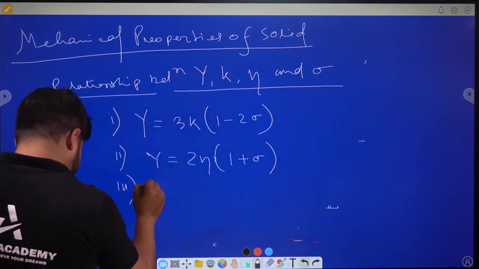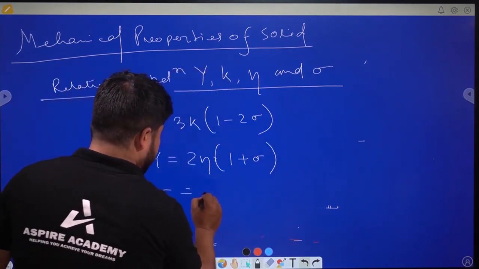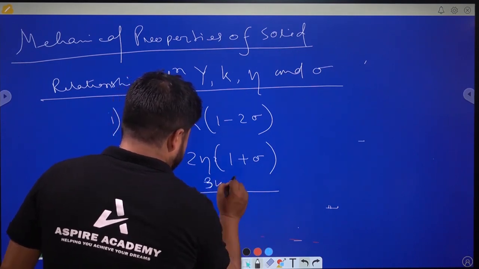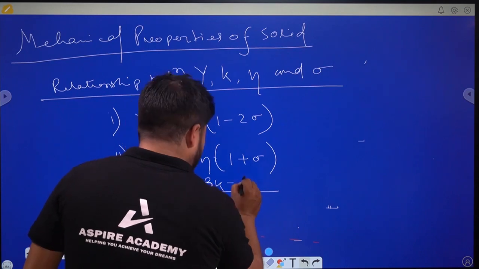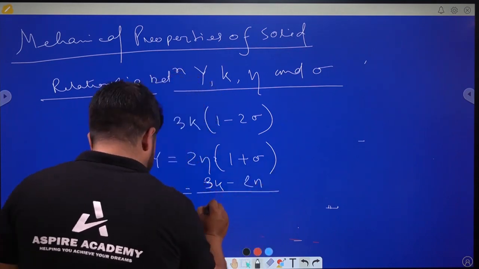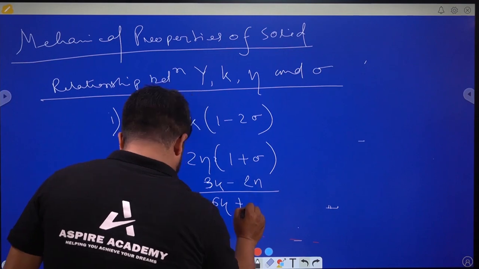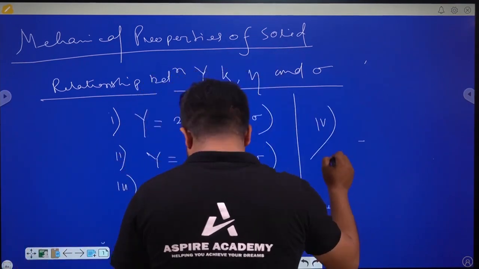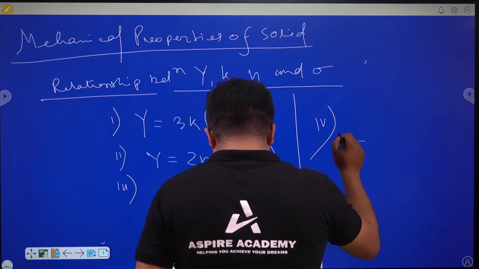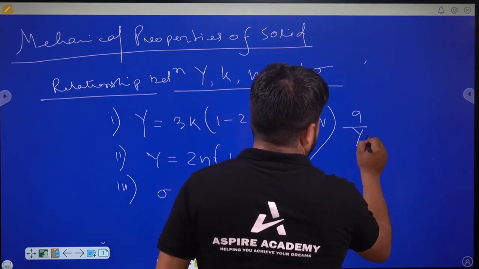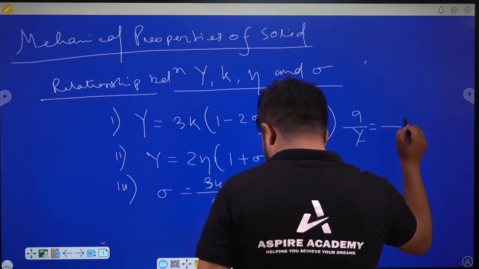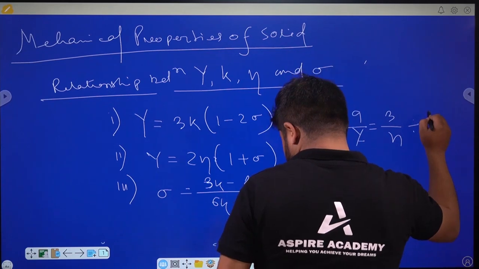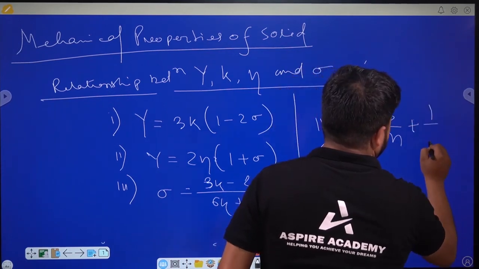The third one is sigma is equal to 3 kappa minus 2 eta divided by 6 kappa plus 2 eta. And the fourth one is 9 by Y is equal to 3 by eta plus 1 by kappa.